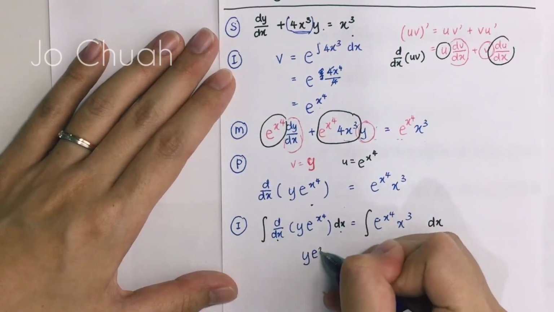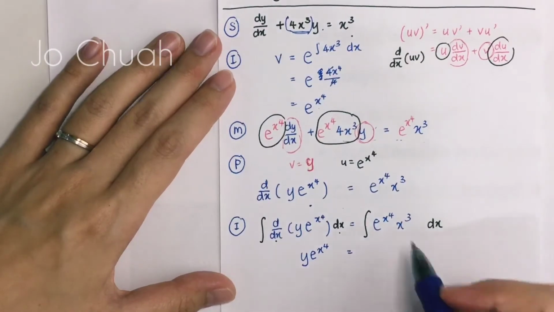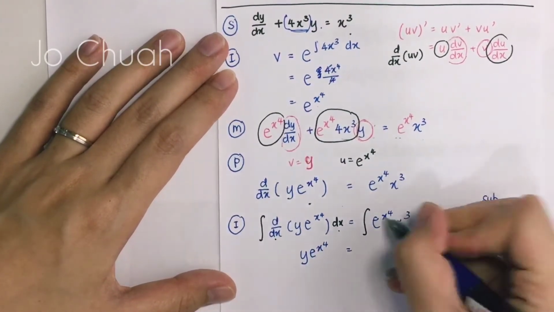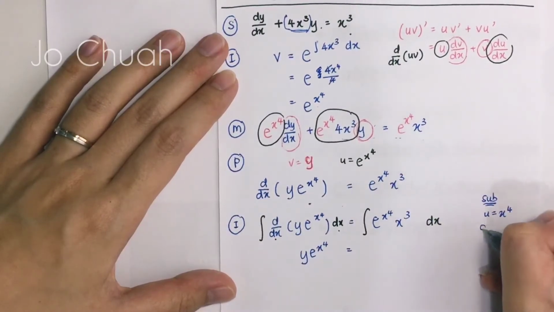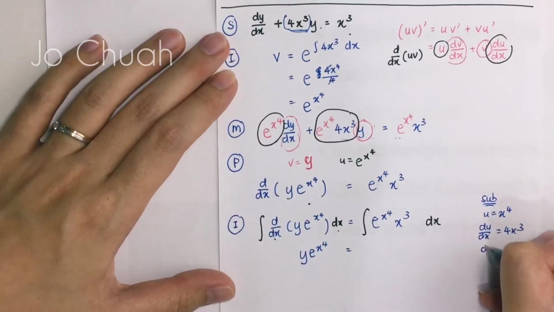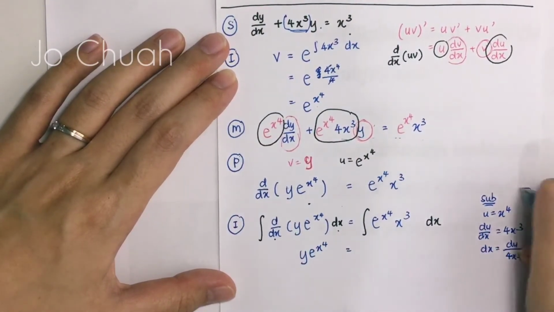So y e to the power of x to the 4. If you integrate this one, okay, so you can use substitution. u as the power, x to the 4. du over dx is 4x cubed. dx is du over 4x cubed.